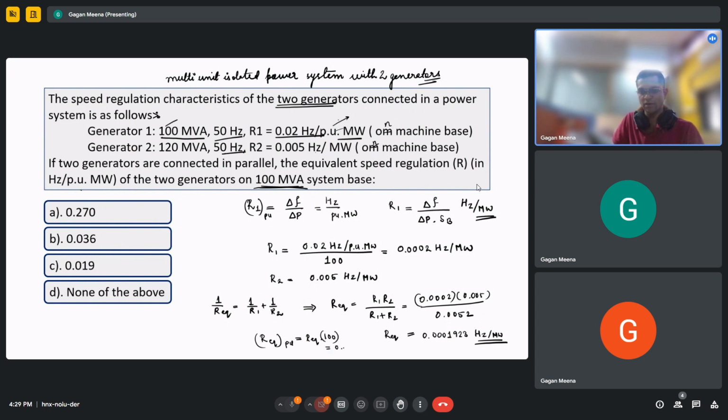So this will be 0.01923 hertz per unit megawatt. Okay. So we are asked to calculate the equivalent speed regulation in hertz per unit megawatt. So this is correct, 0.019 hertz per unit megawatt. So this will be the correct answer.